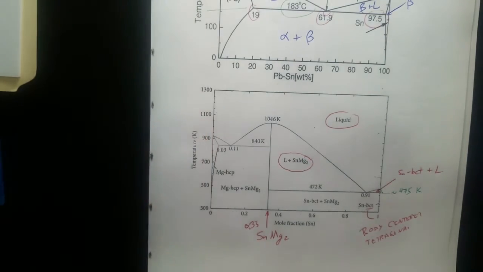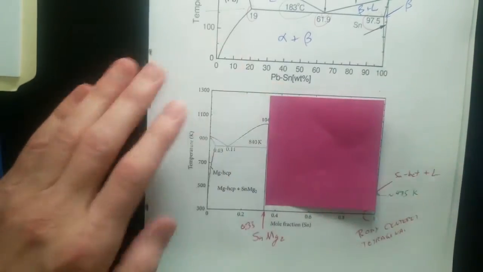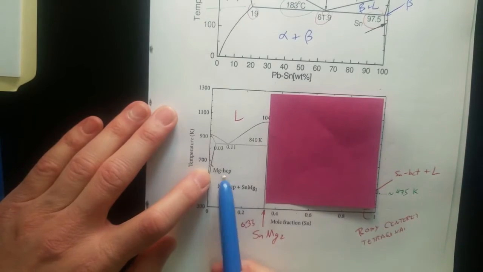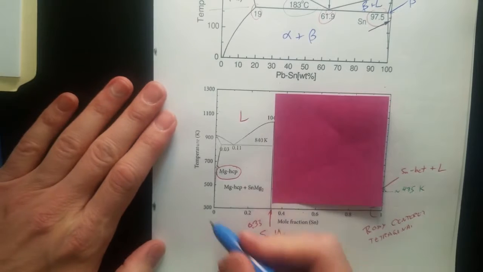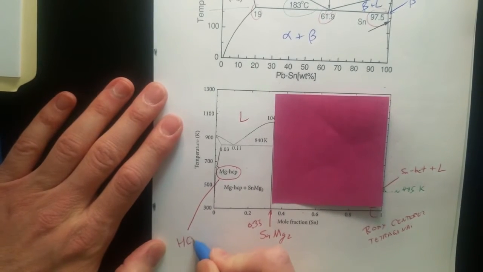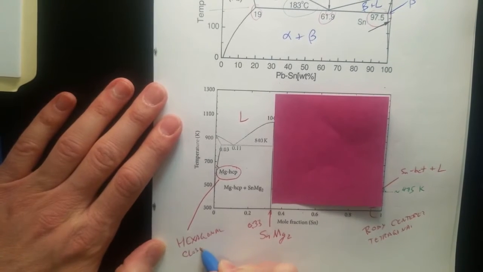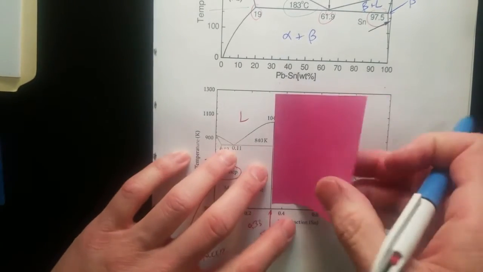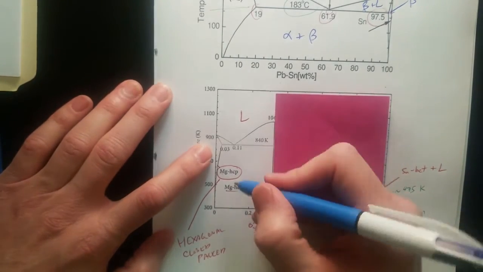Okay, now let's look at this next diagram. Okay, some liquid here. We've identified this as magnesium HCP, that's hexagonal closed packed. We have a two-phase region here, hexagonal closed packed and SnMg2.